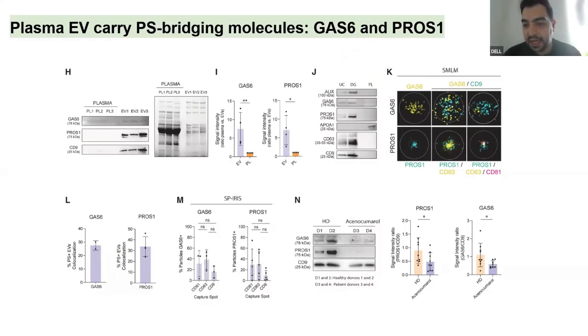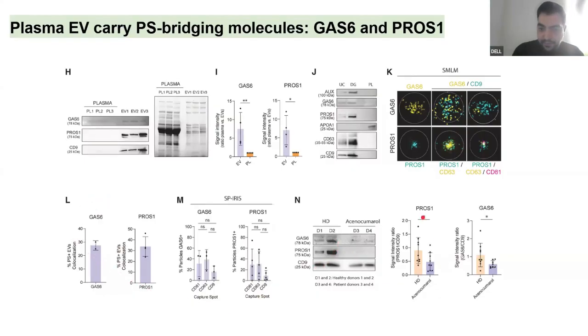Complementary analysis using, again, SMLM on phosphatidylserine-capturing chips further showed that a substantial fraction of EVs display GAS6 and protein S on their surface, most likely through interaction with exposed phosphatidylserine.